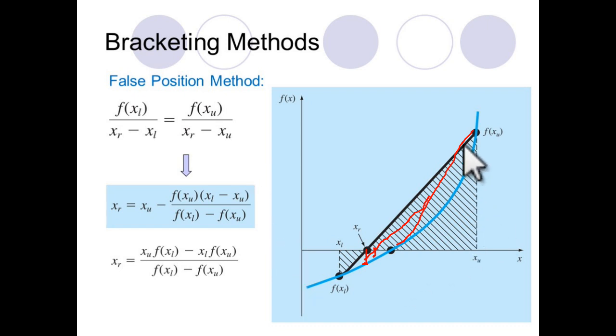From the similarity of triangles we can say this easily, and from here we can calculate XR and evaluate the new value for XR. Of course, we can write it in another form like this. This is how we continuously evaluate the value of XR, because we want to find XR.